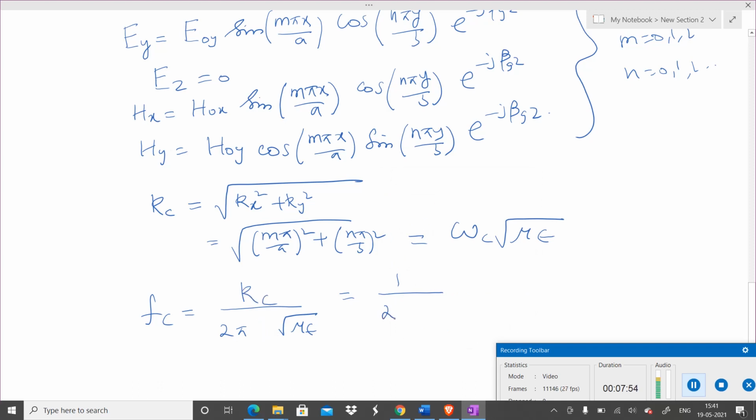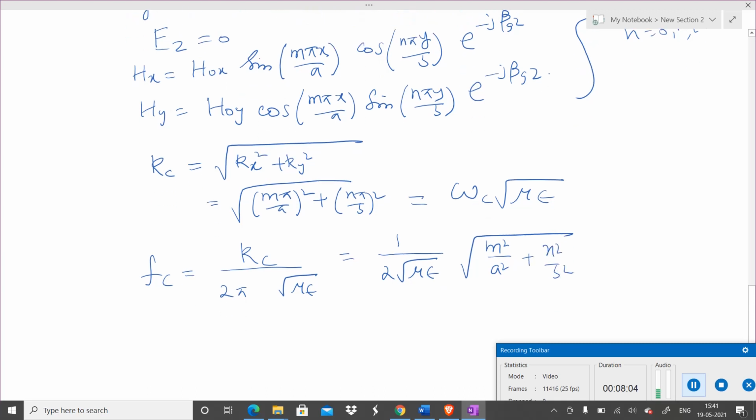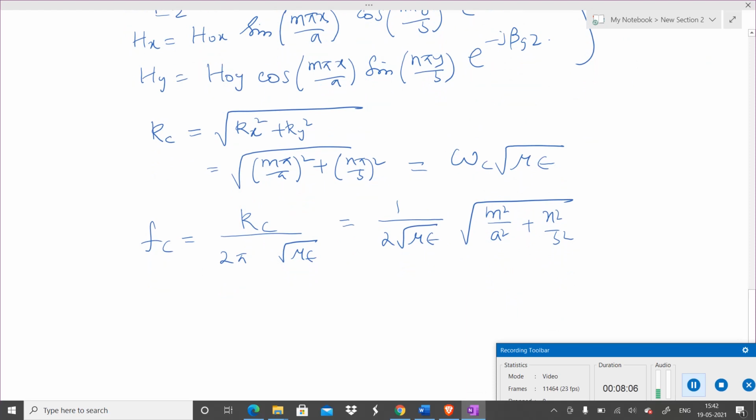So it will be 1 over 2 under root mu epsilon, under root of m square by a square plus n square by b square. Similarly, the propagation constant or phase constant beta g is defined as omega under root of mu epsilon under root of 1 minus (fc by f) whole square.